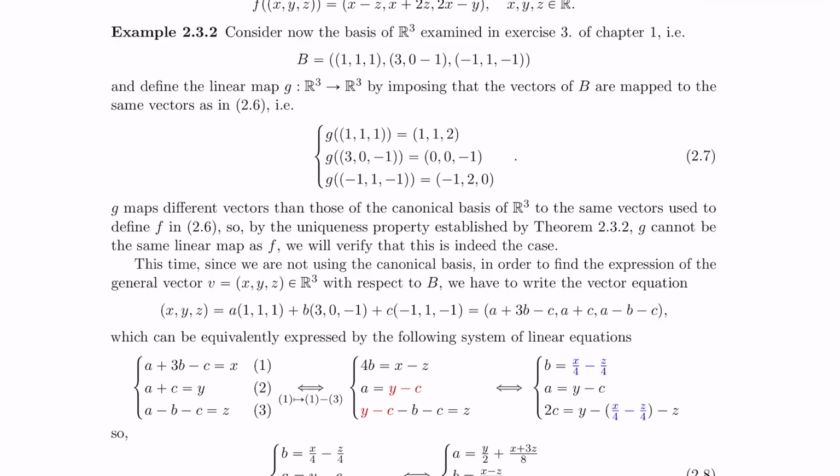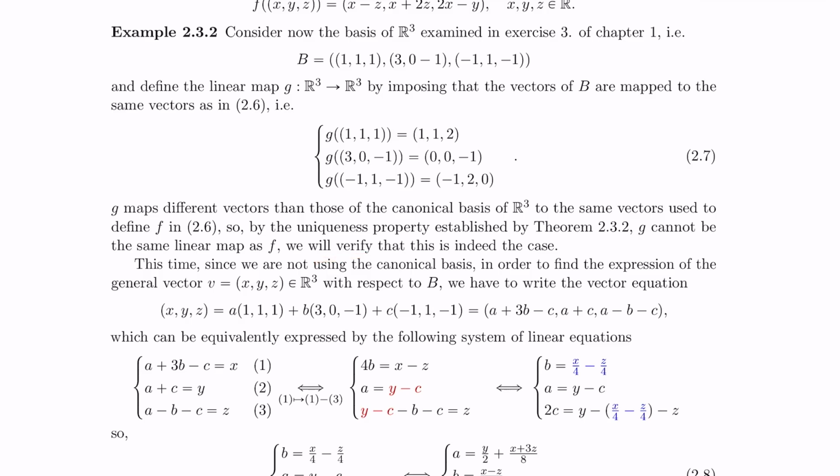It's important to stress that thanks to the uniqueness property established in this theorem here, since G maps different vectors than the canonical ones into these vectors here, then G cannot be the same endomorphism as F. We are going to verify this in the next calculations.